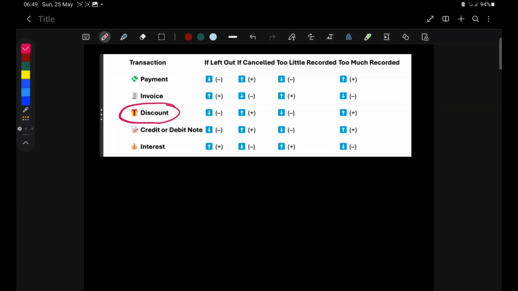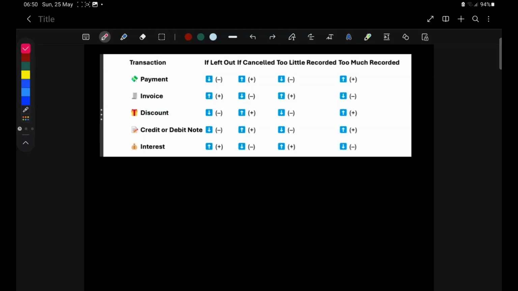Other times, credit and debit notes will refer to goods returned. The last thing that can happen is, because I buy on credit, I have to pay a fee, and this fee is called interest. So they charge me interest for the fact that I buy on credit. These are the transactions that can take place between the business and the creditor.